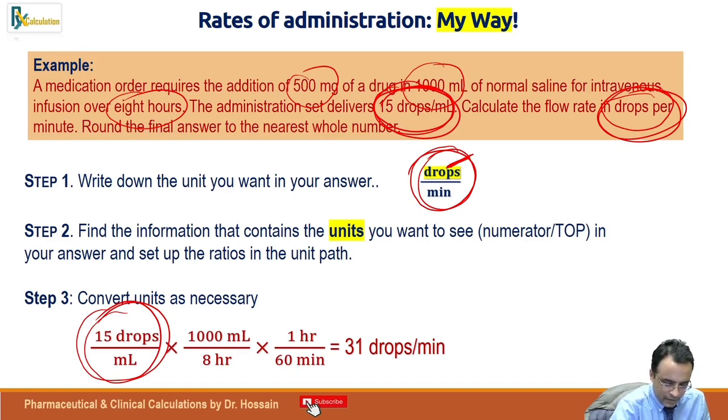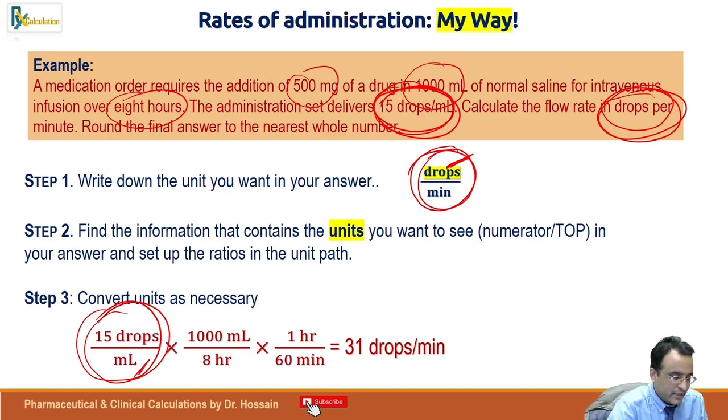Next, you need to get rid of the milliliter, right? To do this, find another piece of information in the question that includes milliliter and set up the next ratio. As I said, when I solve IV flow rate calculation problems using dimensional analysis, I always use total volume with total time or total volume with total drug amount.